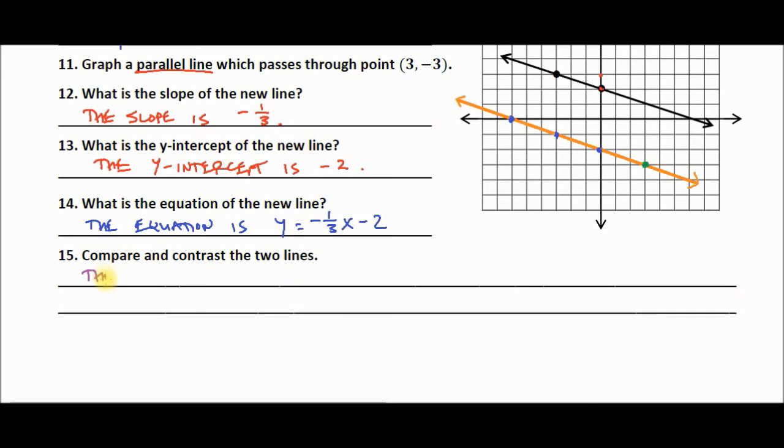The two lines. You should pause the video and finish this, class, and I'll go ahead and do it, but pause it and see if you come up with something the same as mine. The two lines are the same because they have the same slope.